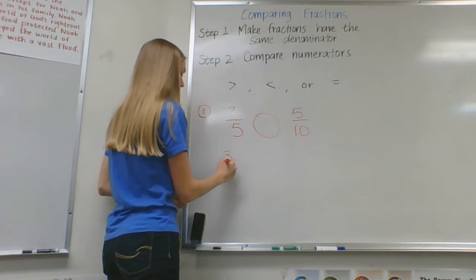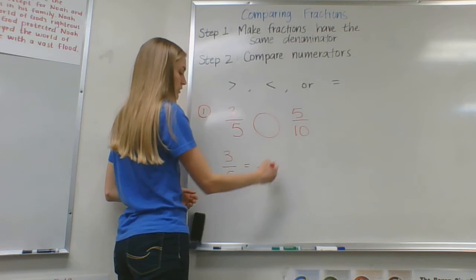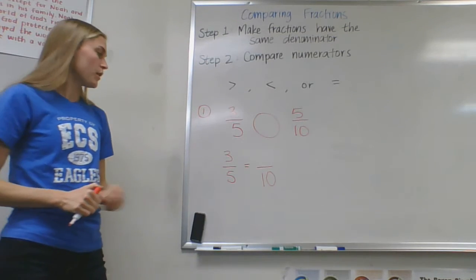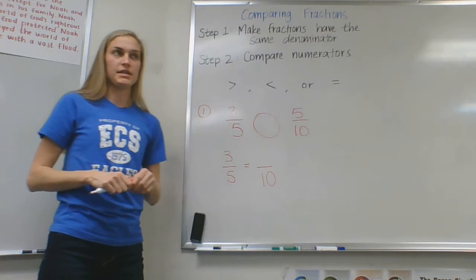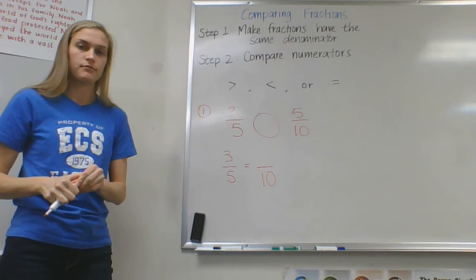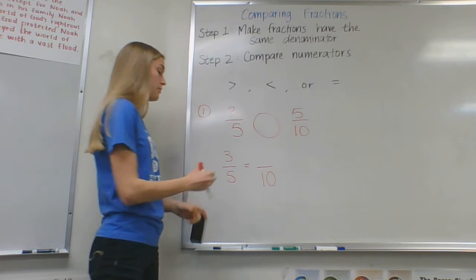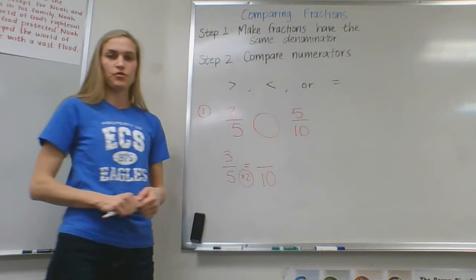If we have 3/5 and we want to find an equivalent fraction with the denominator 10, what do we have to do to this denominator 5 to get it to be 10? Always think multiplication, not addition. We had to multiply by 2. 5 times 2 is 10.